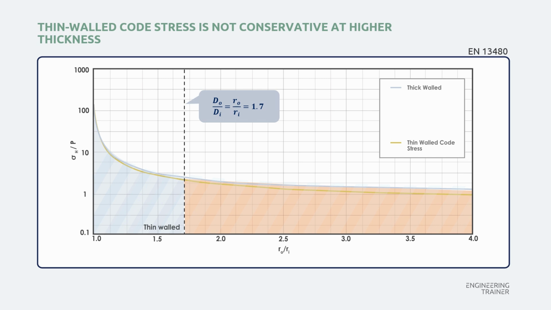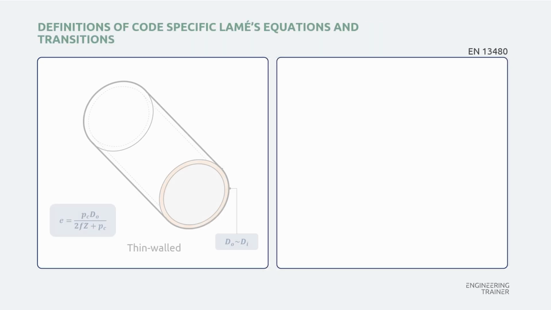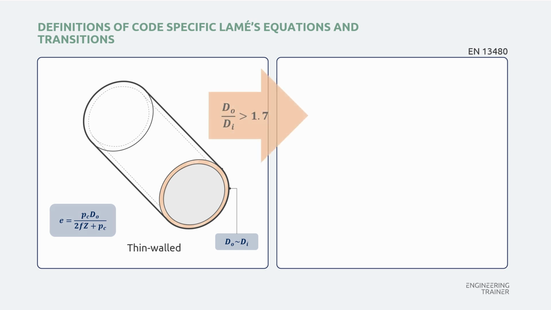But when the value is higher than 1.7, the thin-walled assumption does not hold anymore, and the thick-walled relations should be used. If we look at the plot, this is right at the location where a noticeable divergence between the two relations is observed. So, to recap, in the EN13480, the thin-walled relation can be used to determine the minimum required wall thickness of a pipe up until the outer diameter divided by the inner diameter is higher than 1.7.